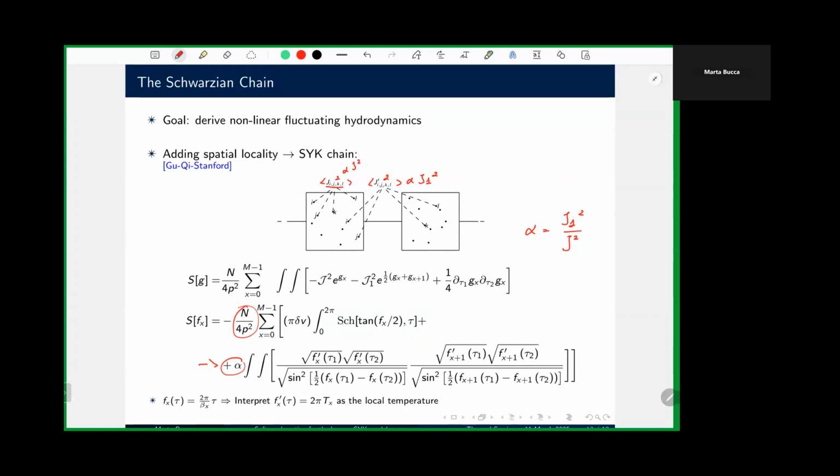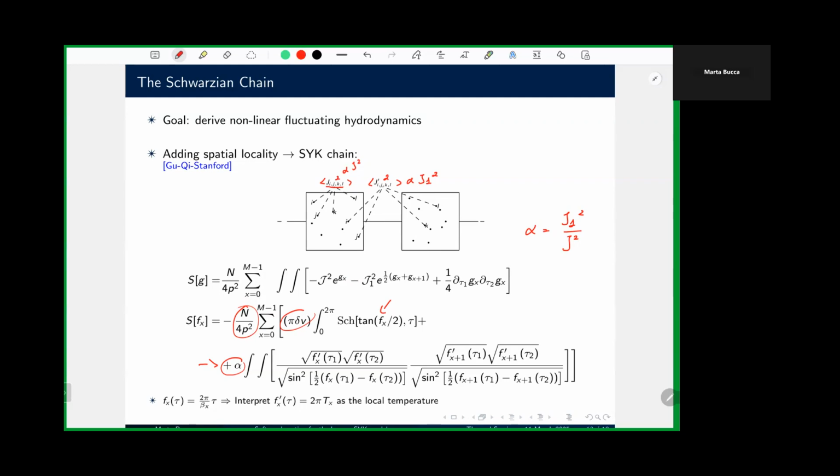And the only mode that is soft in this limit is this f. So you have this prefactor p delta v that makes the action for f small, and this is why you're considering f and not the modes that are orthogonal to it.